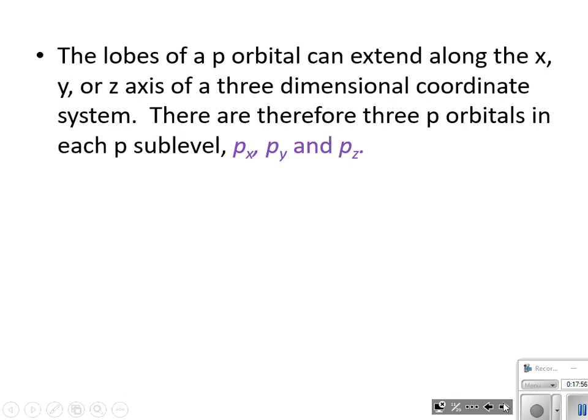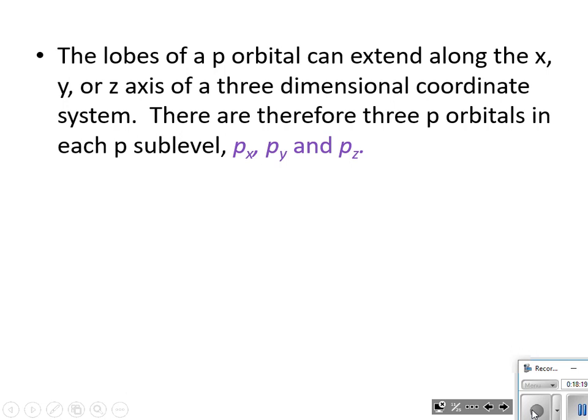Therefore, with the p orbitals, we call them the p sub x, the p sub y, and the p sub z orbital. So once again, you'll hear me refer to these as px, py, pz.